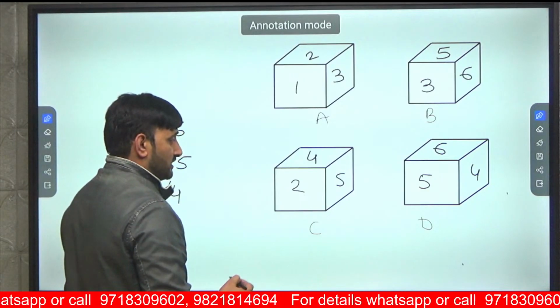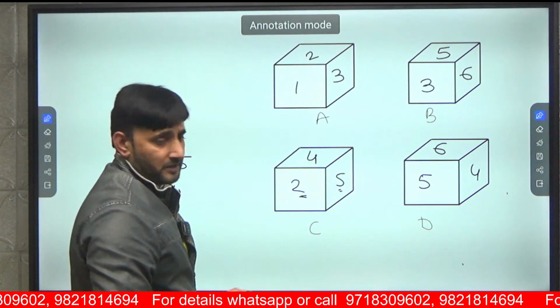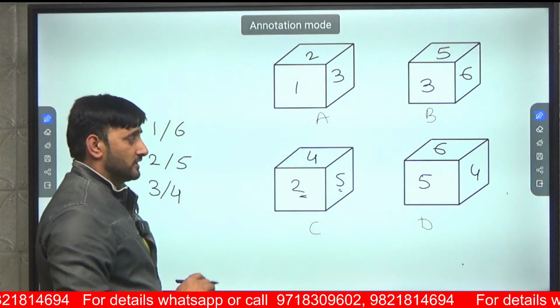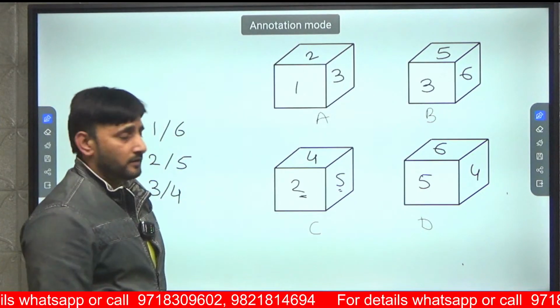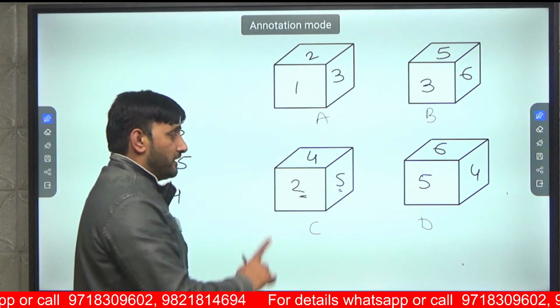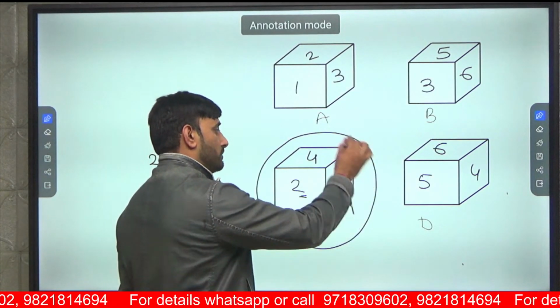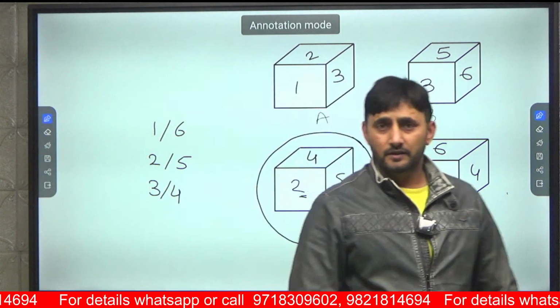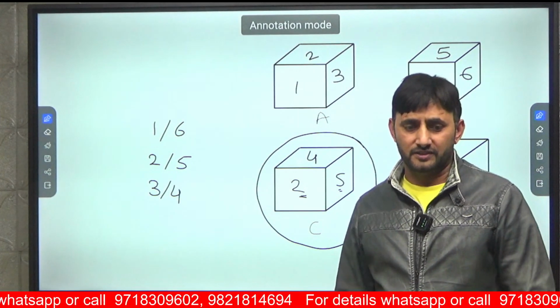But in the third die, 2 and 5 both are visible. These should be on opposite faces. If 2 is at the front, then 5 should be at the back side. So 2 and 5 cannot be visible at the same time, so this cannot be a standard die. I hope it is clear.